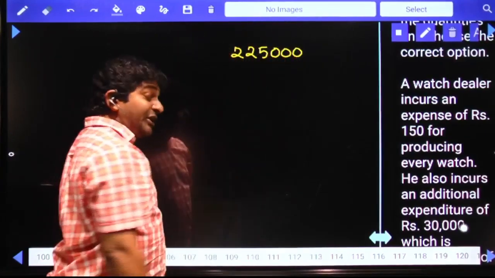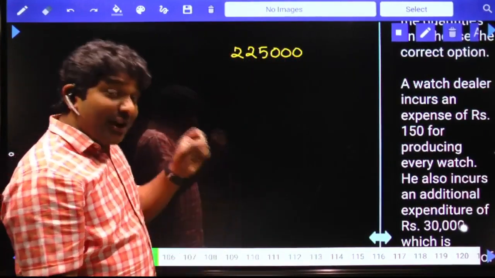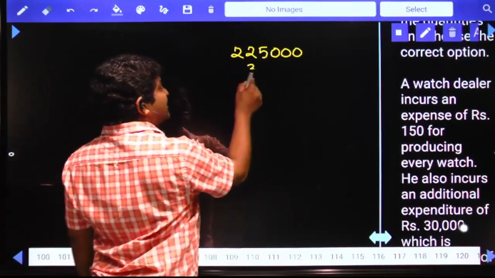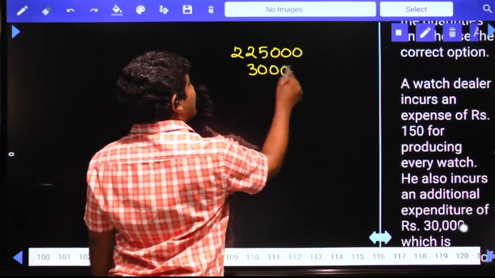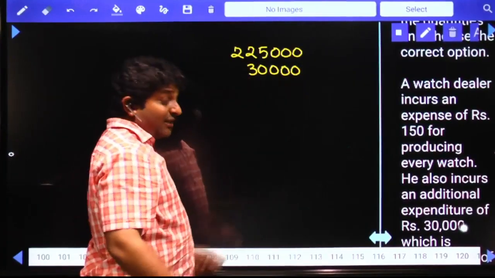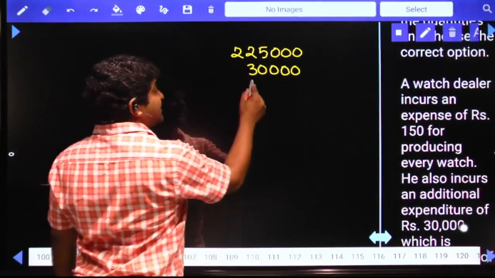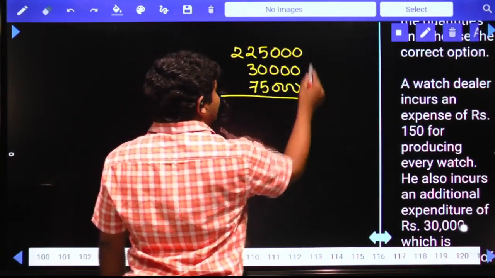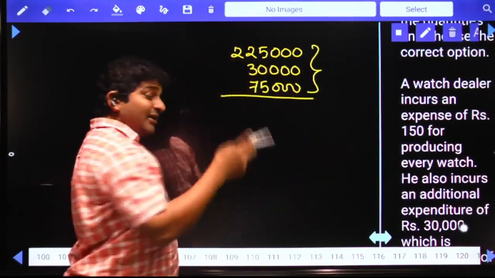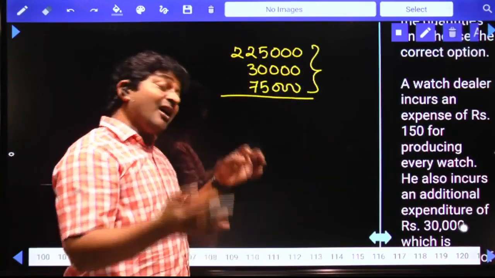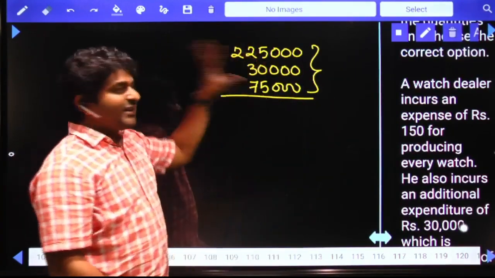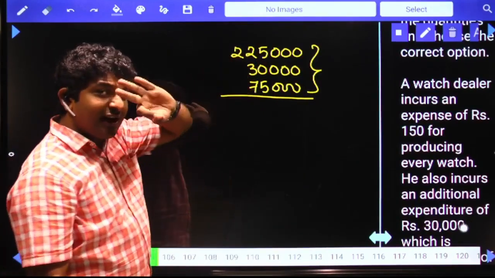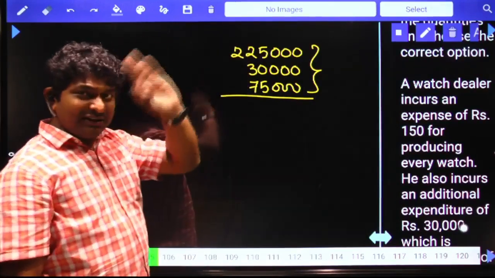This is expenditure to manufacture 1500 watches, and there is a fixed cost of 30,000, and he is expecting profit 75,000. So by selling watches during on season and off season together, he must get this much price. 2,25,000 plus 75,000, 3 lakh plus 30,000, 3,30,000.